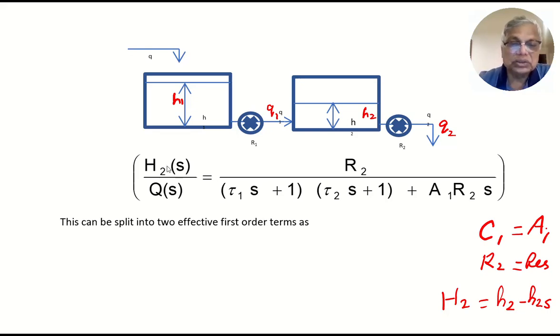Similarly Q, so all these capital letters are deviation variables. Now this denominator can be split into two effective first order terms.